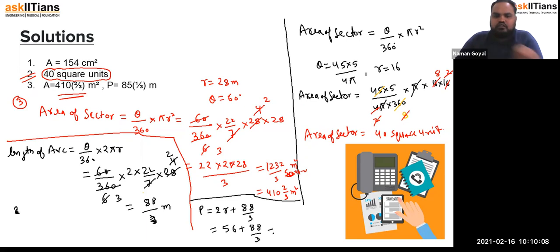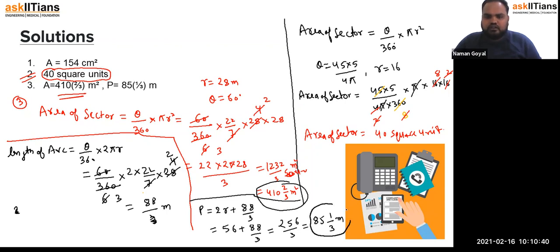If you solve this, 56 into 3 plus 88 gives 256 upon 3 meter. If you convert this quantity into a mixed fraction, you will get 85 1 by 3. So we got the answer for the area of that sector, and this is the answer for the perimeter.